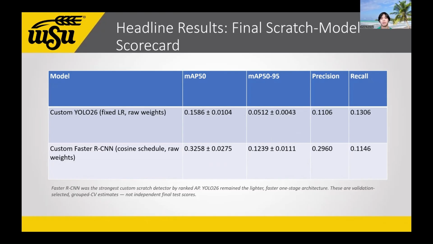My scratch YOLO26 with a fixed learning rate got 0.1886 mAP50 and 0.0512 mAP50 to 95. Faster RCNN was my strongest custom scratch detector by rank AP, while YOLO26 remained the lighter, faster one-stage option. Again, these are validation-selected group CV estimates, not an independent final test score.